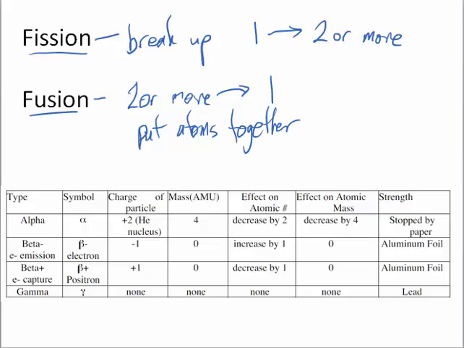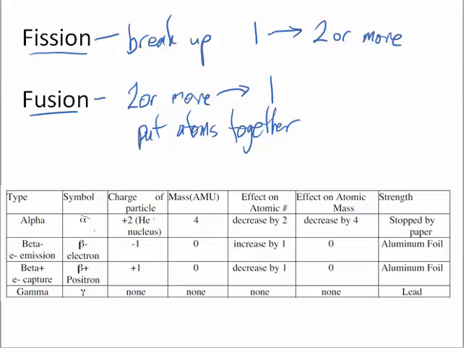So you'll see this figure, and this should be very familiar to you from the handout that I gave you on balancing nuclear reactions. There are four kinds of particles that are made or used as a result of nuclear reactions. And so you have alpha particles, which are basically helium atoms.